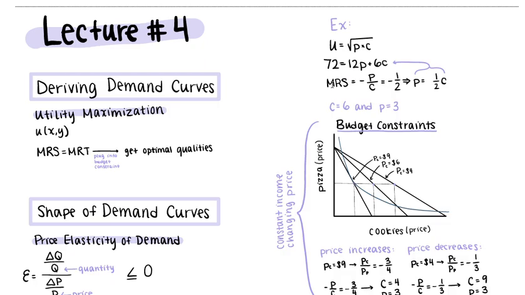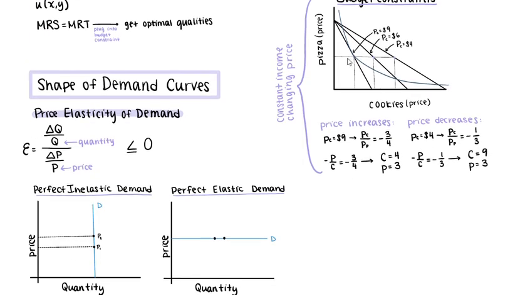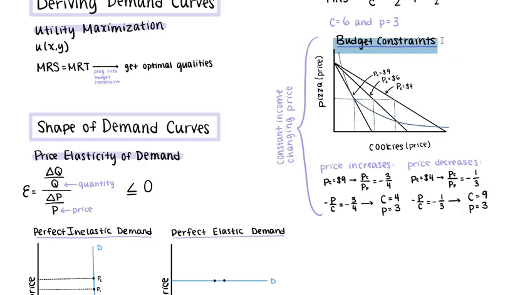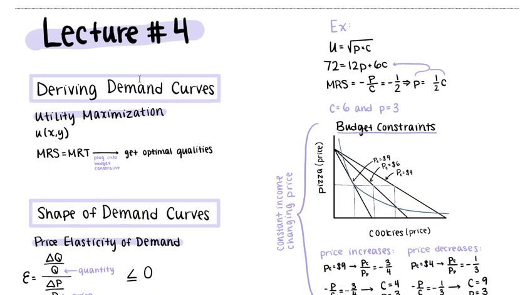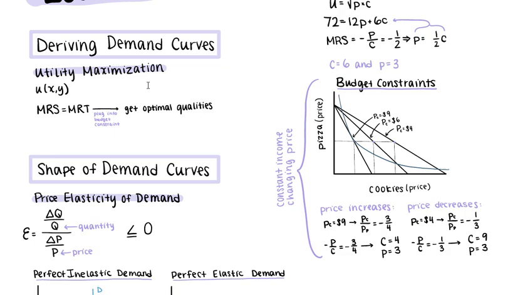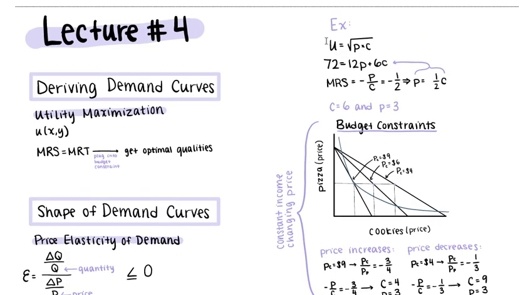We set the MRS equal to MRT, and we find what the cookie and what the pizza quantities are. Okay, so the budget constraint is this, and how do we derive the demand curve? Because the demand curve is in the market. Every consumer has a different budget constraint.